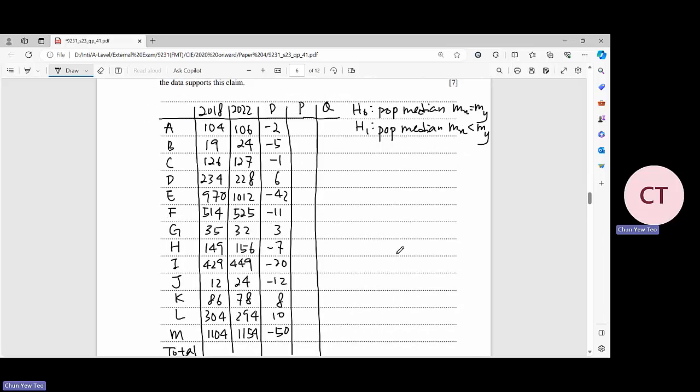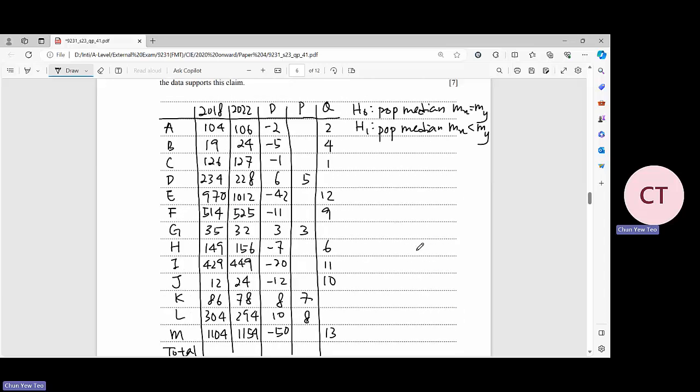P is for positive values, Q for negative values. So you will have ranks 1, 2, 3, 4, 5, 6, 7, 8, 9, 10, 11, 12, and 13, so a total of 13 of them.